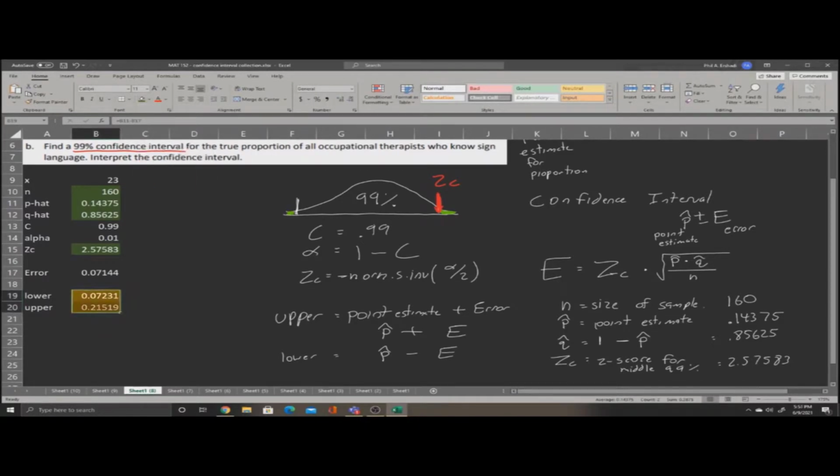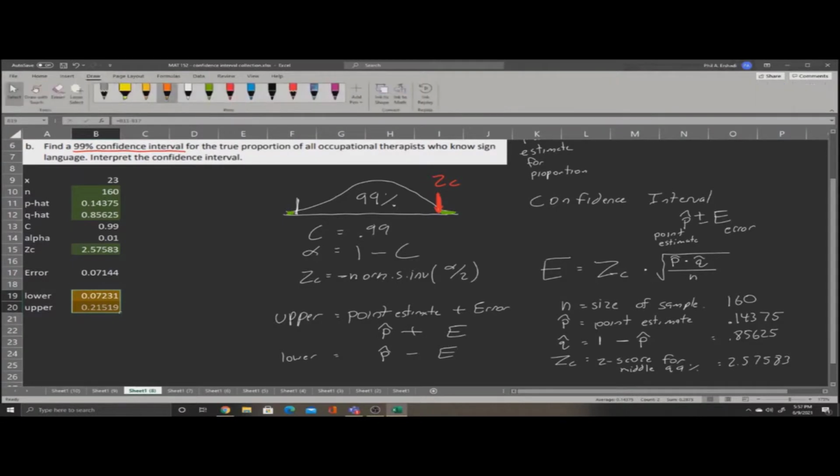Now, to interpret this confidence interval, let's take a reminder about what we were trying to find. We were interested in the occupational therapists who know sign language, and we have a 99% confidence interval. We can say with 99% confidence that the true proportion is somewhere between these numbers.